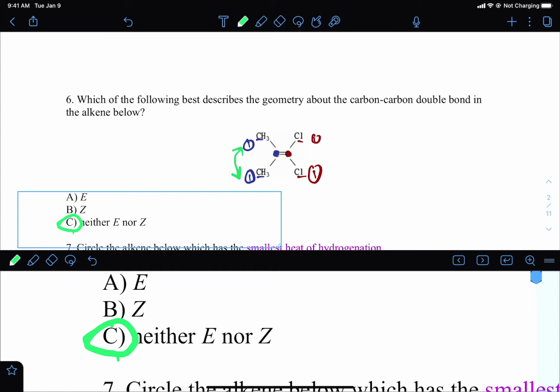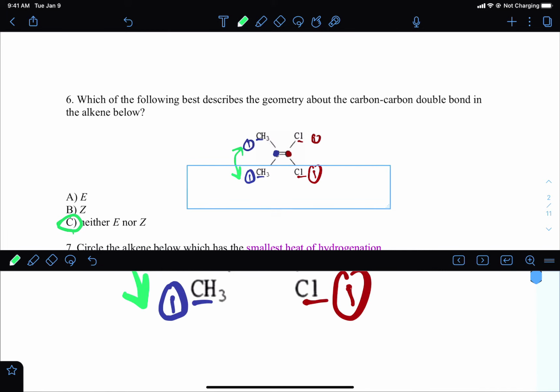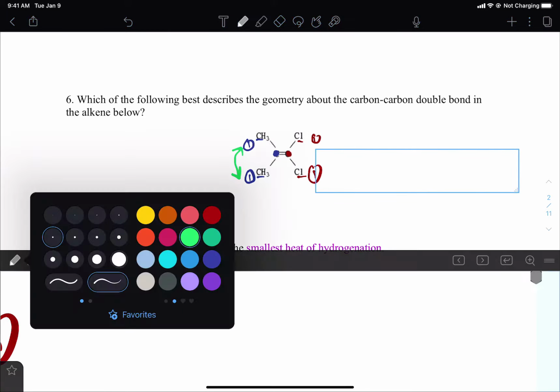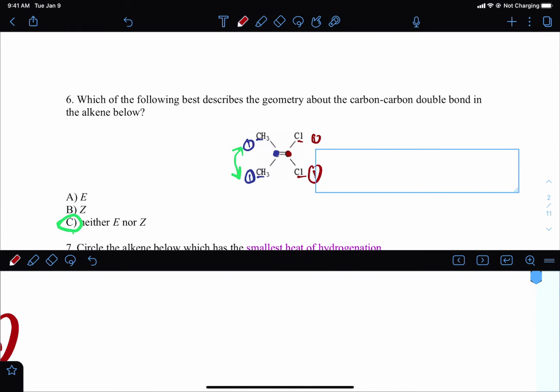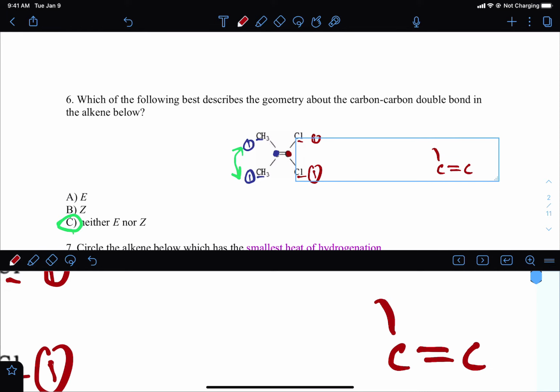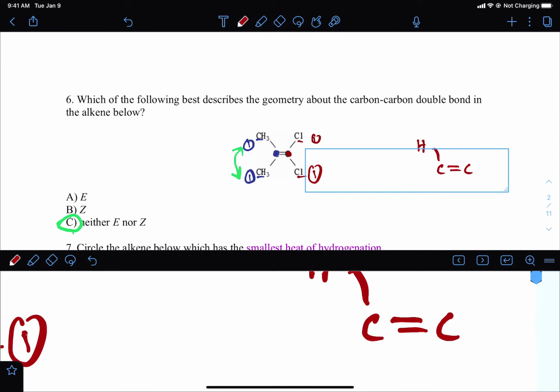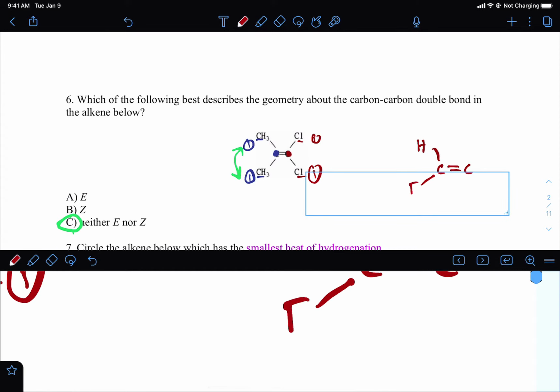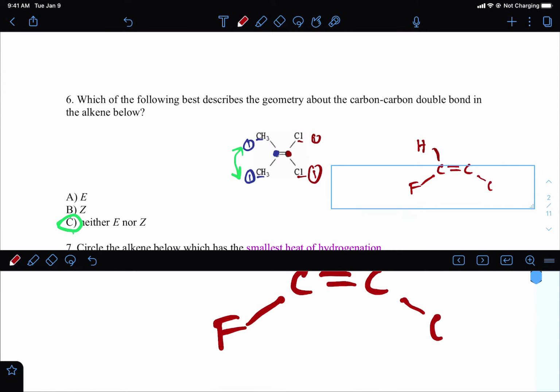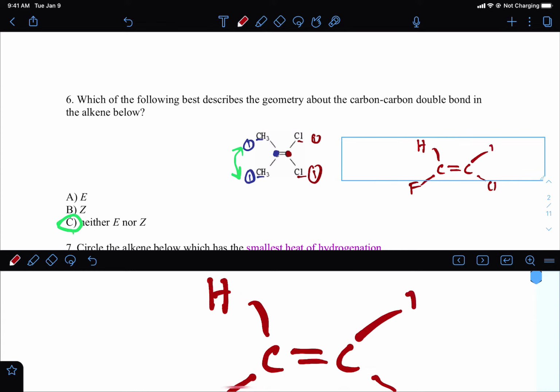Now, if that wasn't the case, if we had something like this, where we had a C double bonded to a C, and we've got a hydrogen and a fluorine and a chlorine and a bromine.